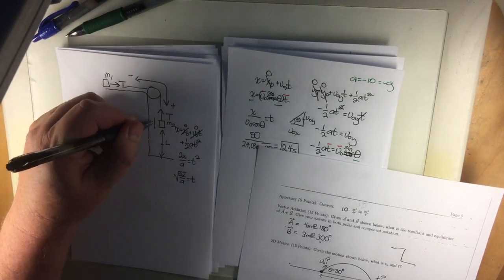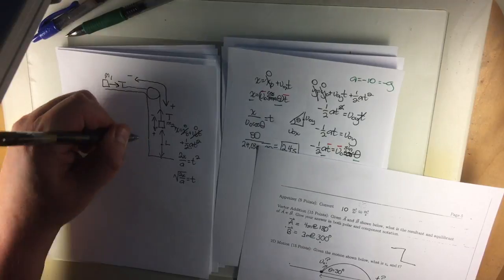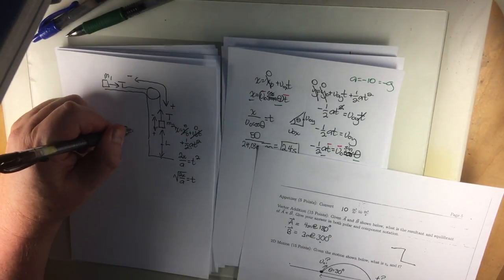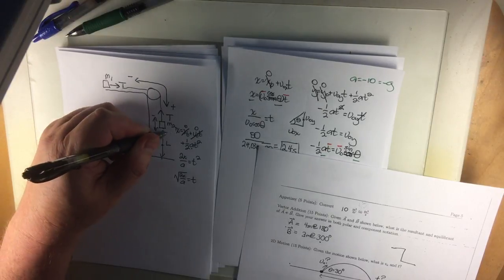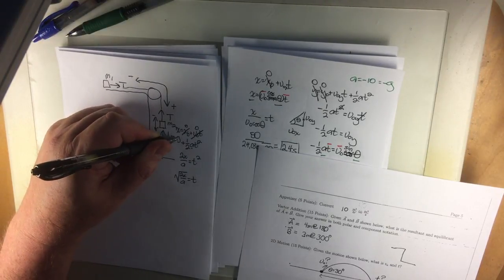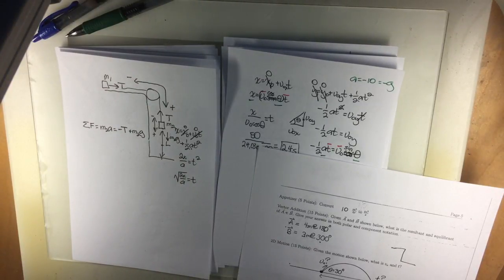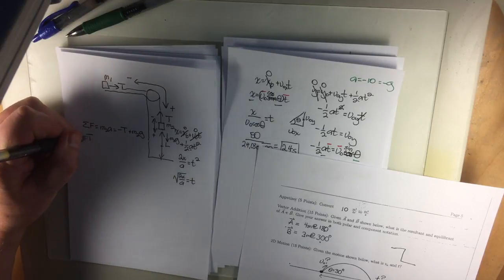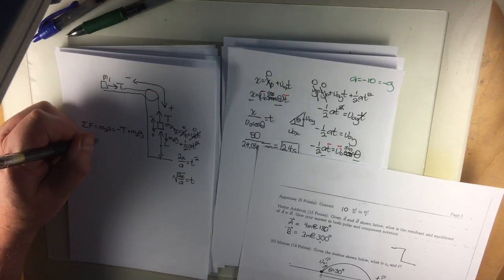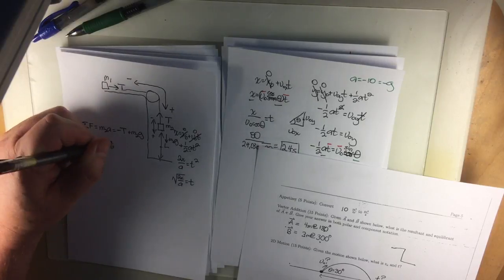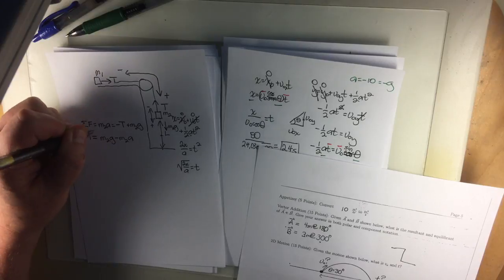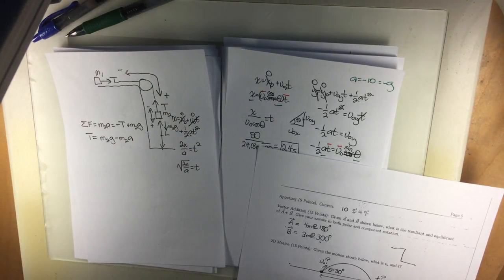For this reference system, up is negative, down is positive. So negative tension, and down is the force of gravity. With a little rearranging, T equals M2G minus M2A. All I did was put the tension over here, the M2A over there. Why? Because we're going to factor out tension.